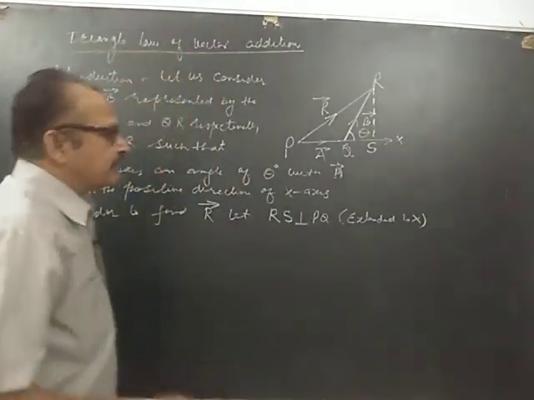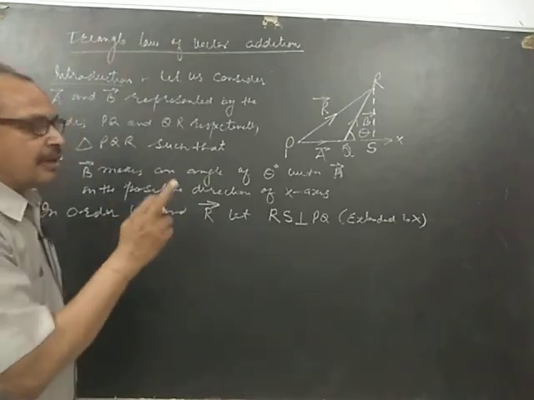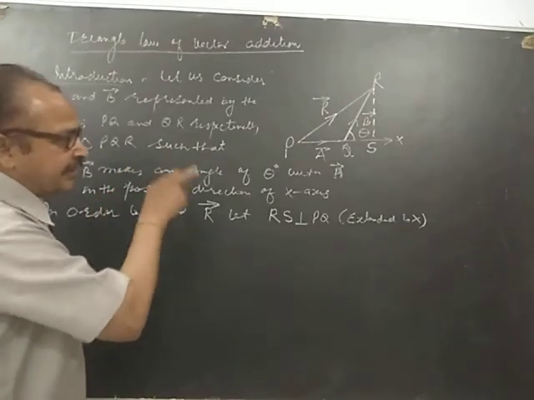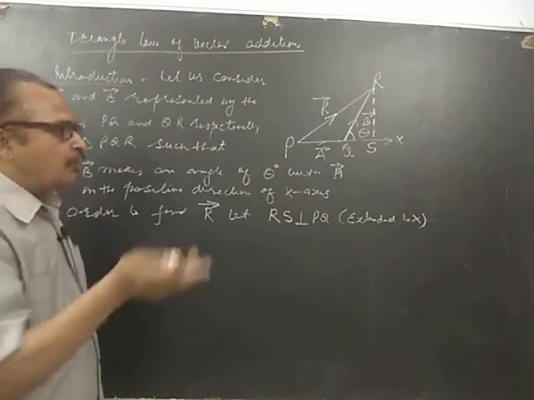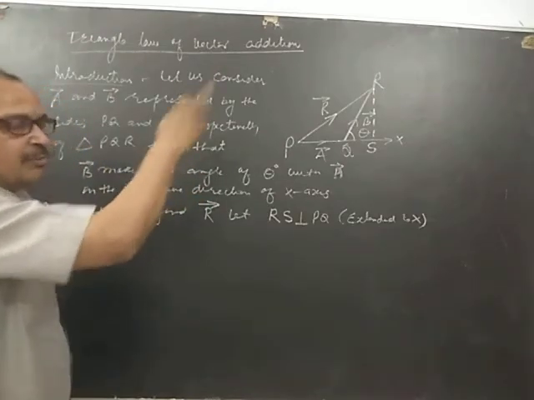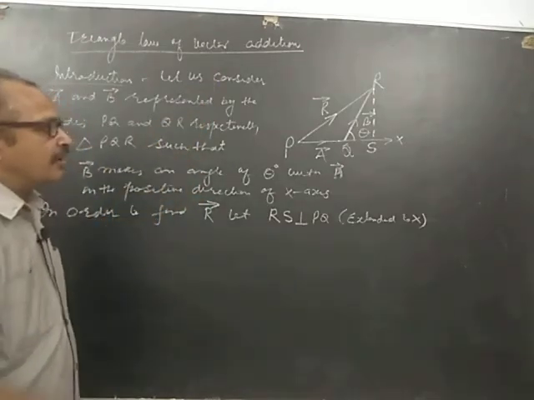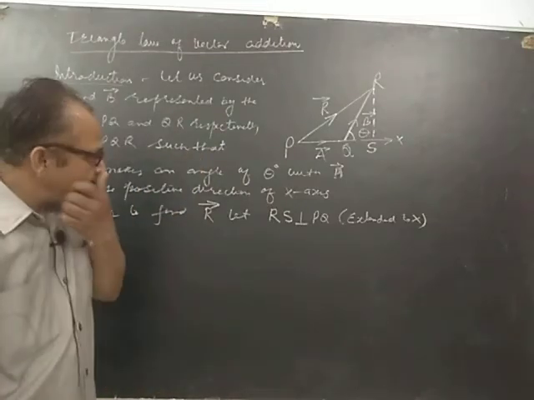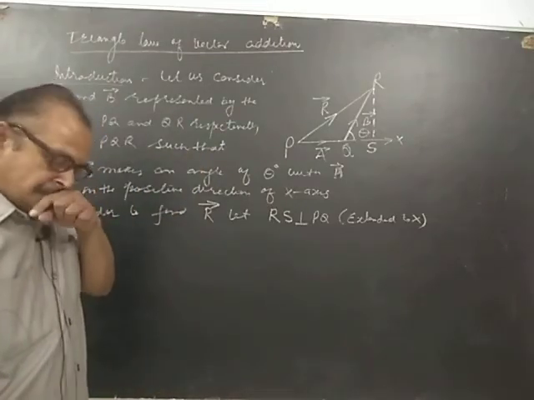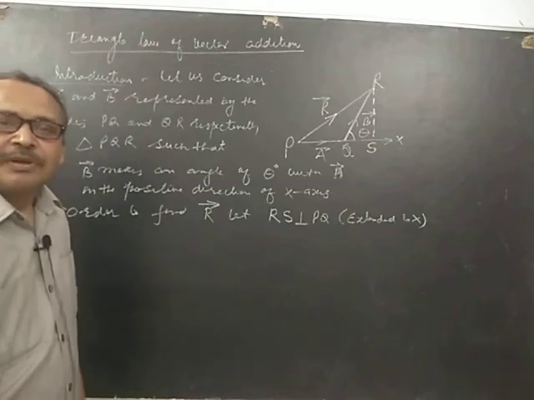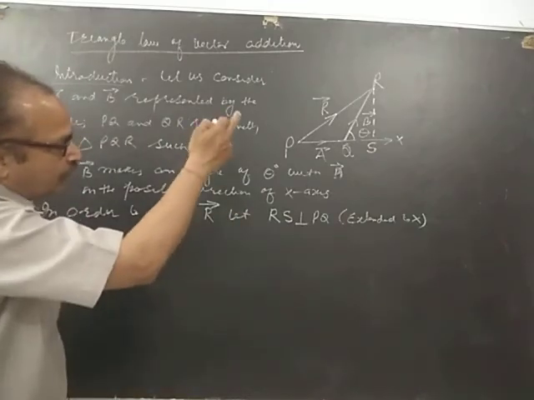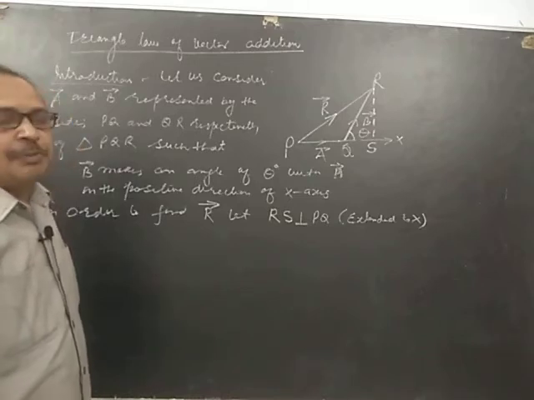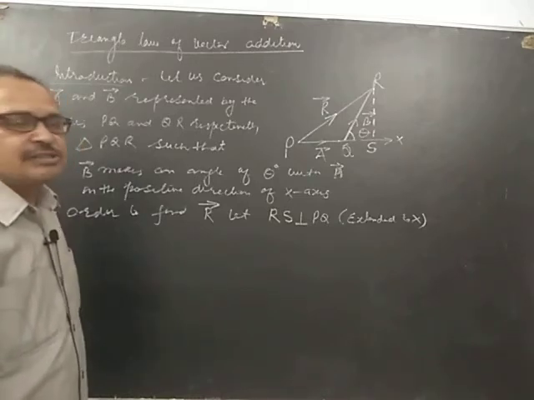So what we have done, we have taken a triangle PQR. We have represented the two sides by the two vectors A and B. Obviously, according to the statement, R will be the resultant. We want to find this resultant's value R. For that, we draw a perpendicular from R onto PQ extended to X, which is RS.